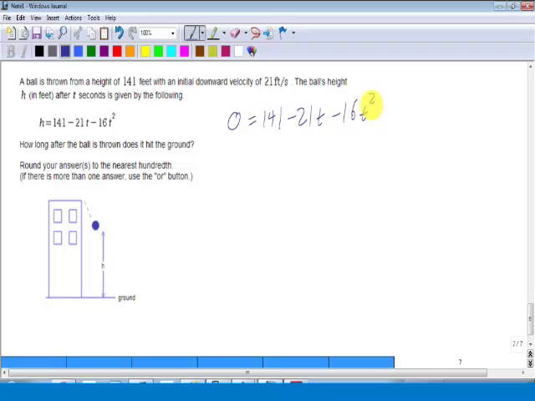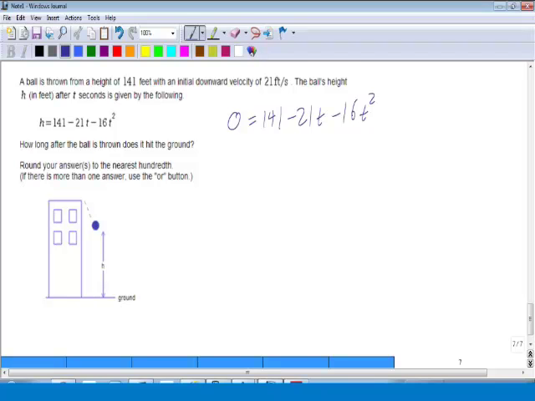And that is sort of like standard form, but not really. I'd like to have the t squared term first, and then the t term, and then the constant term. I'd like to have the coefficient of t squared positive, really not all that necessary unless we're thinking about factoring it, but it's nicer to have a positive number. We're going to use the quadratic formula here, so there'll be a 2a in the denominator. It's probably better to have 32 in the denominator instead of negative 32.